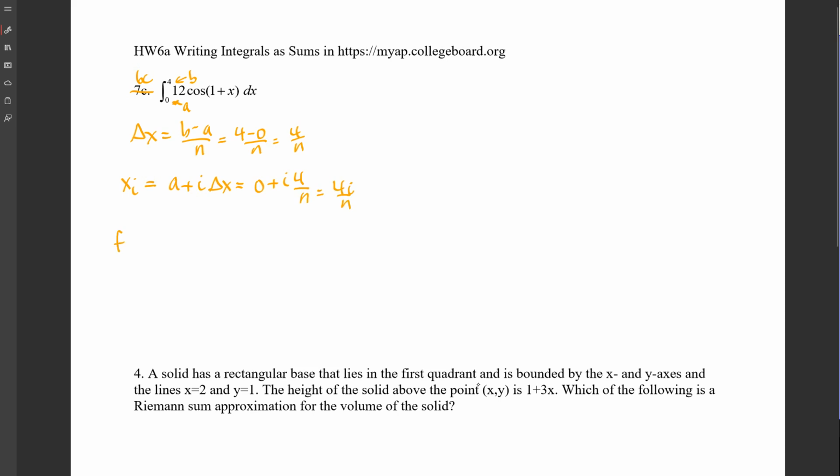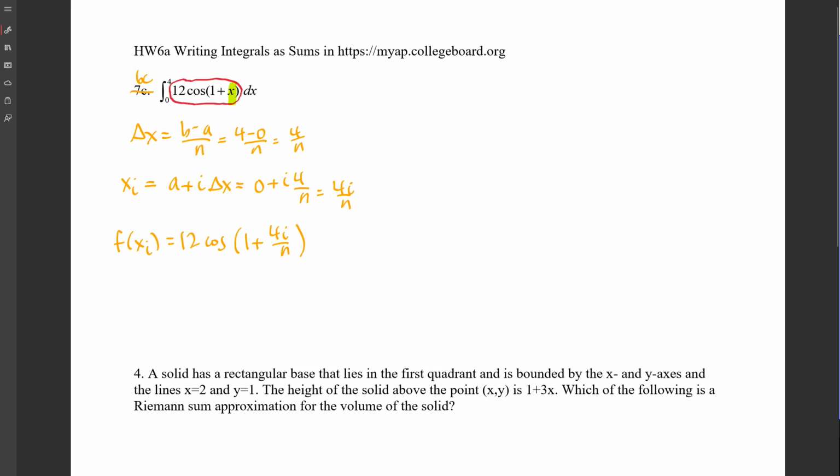All right, the next step is to find my f of x sub i. To do that, the first thing I need to figure out is where my f of x is. This right here is my f of x. And everywhere there's an x, I need to plug in x sub i. So this is going to look like 12 cosine of (1 plus 4i over n) quantity.